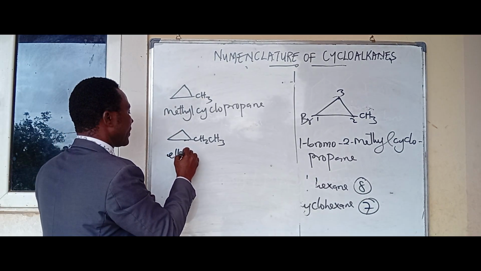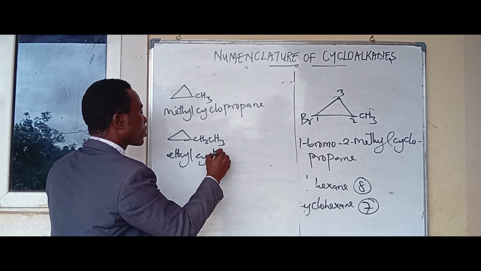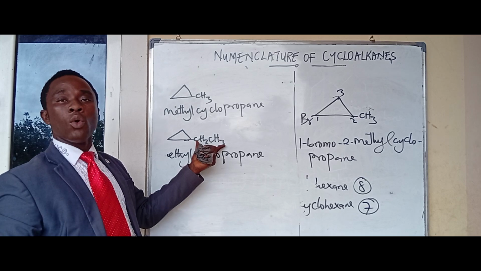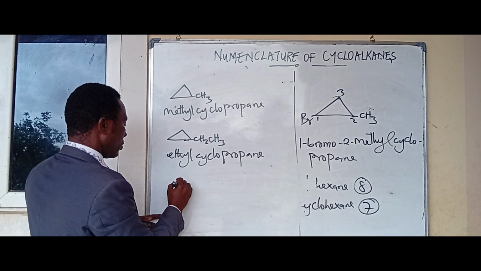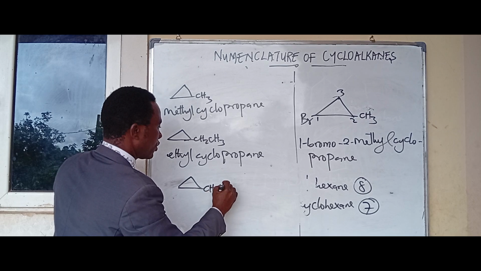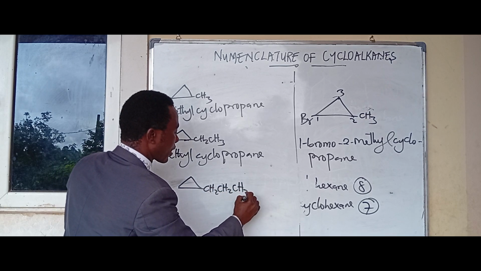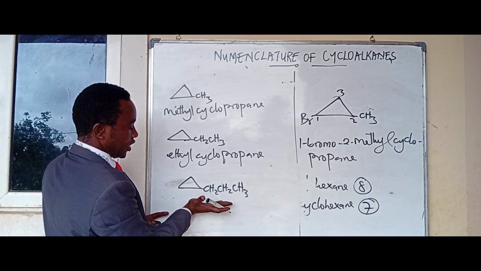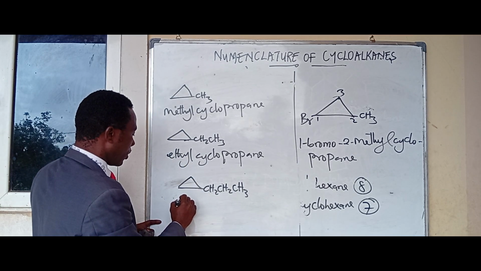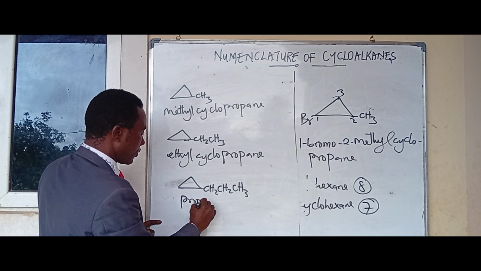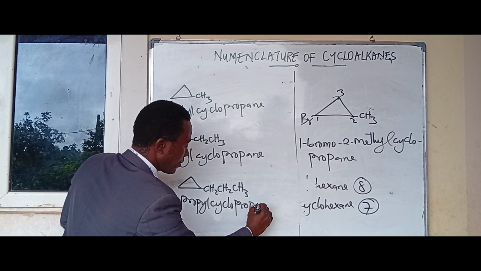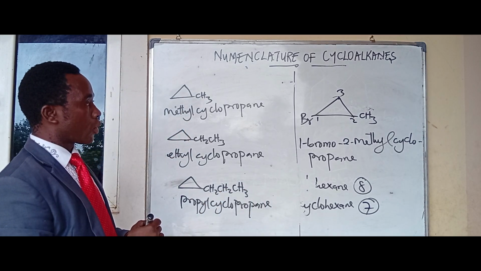So this is ethylcyclopropane. Now, let us increase the open chain carbon again to this. Let's say we have CH2, CH2, and CH3. What will be the name? This is propylcyclopropane.